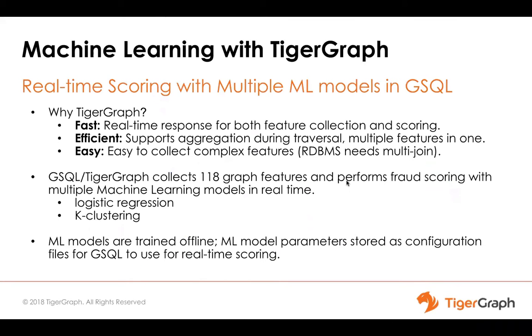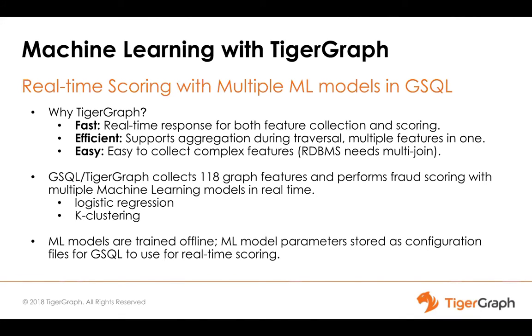So let's talk more about how TigerGraph does machine learning. The first question people always ask is, why use TigerGraph to do machine learning? As we mentioned, first, it's fast. We do real-time response for both feature collection and scoring. Second, it's efficient, because TigerGraph queries support aggregation.